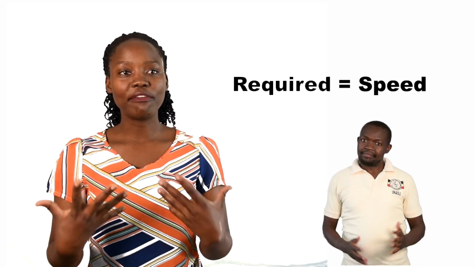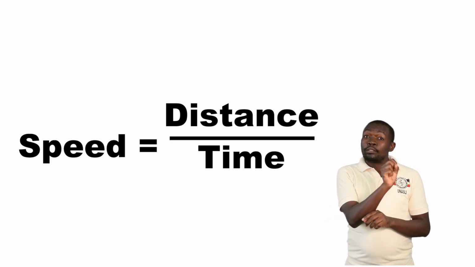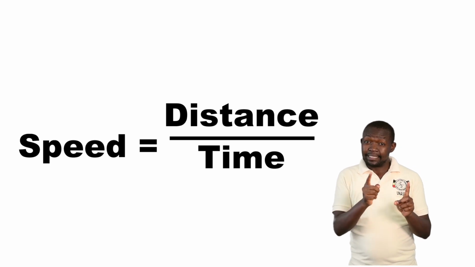Let us use our formula to see if we can solve this question. Are you ready? Can you note down the formula that we learned a few minutes ago into your book? What have you written? Very good. Speed is equal to distance over time.